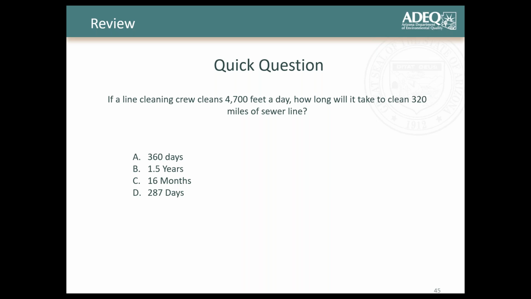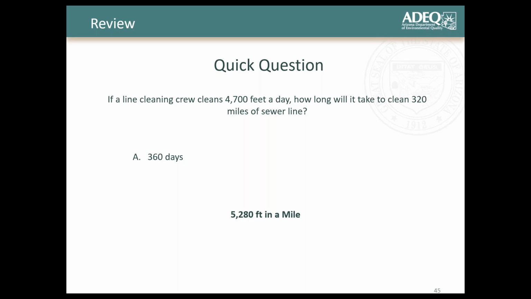Looks like we got a mixture of answers this time, so it might be good to walk through this one. We've got answers from D to 360 to A to B. The correct answer was 360 days. Now, how you do that: you have to convert all your units of measurement to be the same, right?